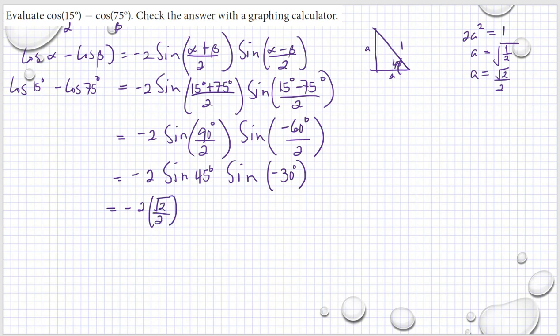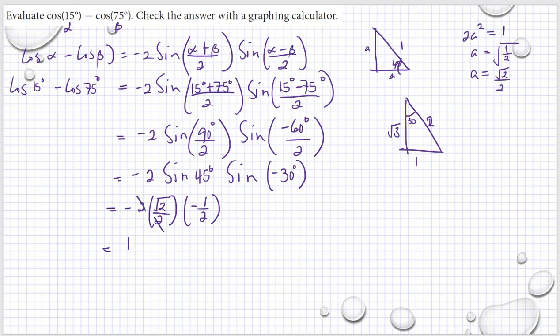Sine 30 degrees, and then we have square root of 3 over 2 and 1 here, sorry. And then we have 1/2, but it is negative 30, so we have negative 1/2.